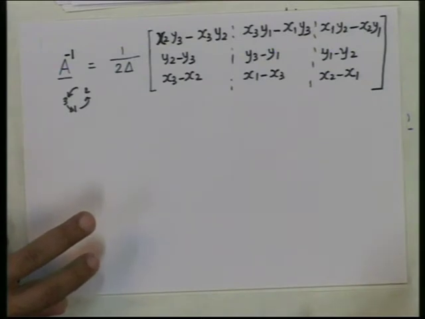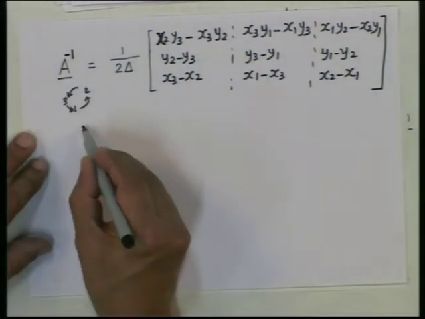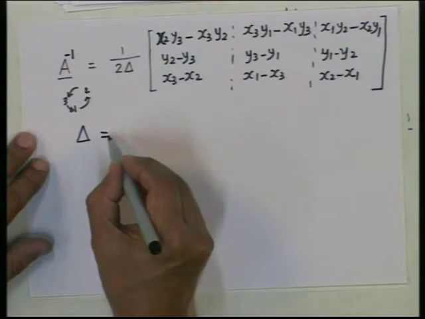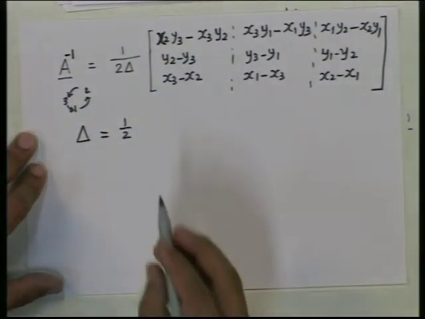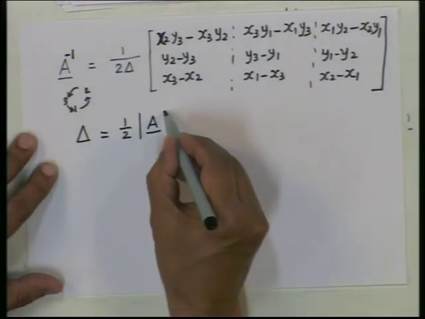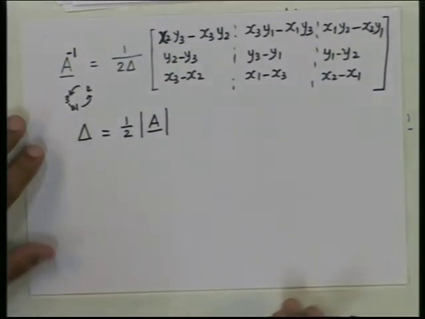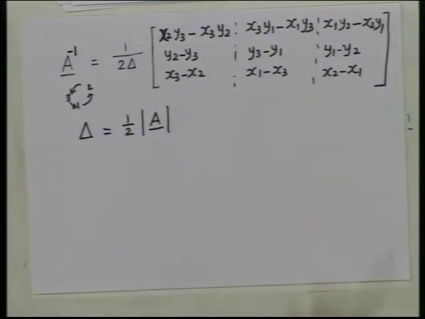So anyway, this is the A inverse, and the value of delta that we have written is half of the determinant of the A matrix, which I have defined. By the way, what is delta? What is the area of a triangle?